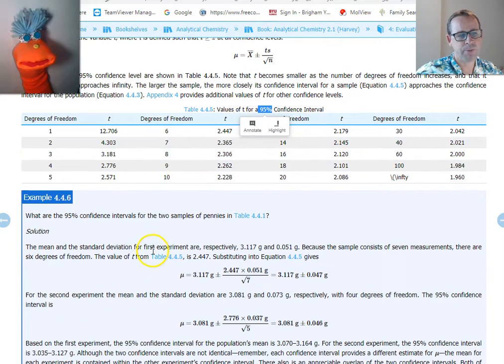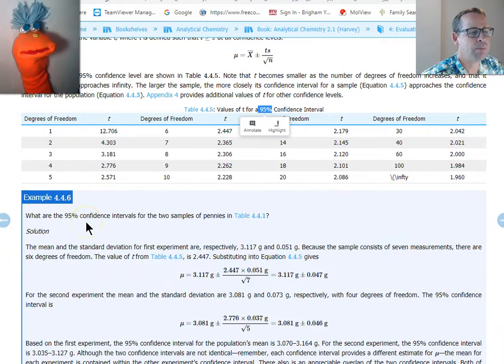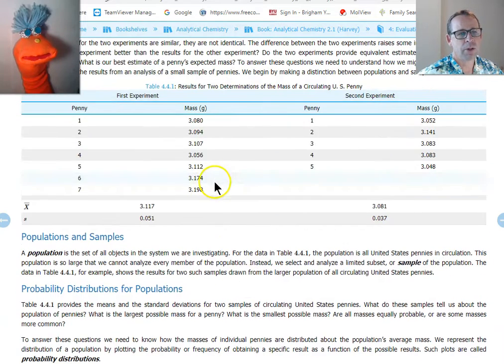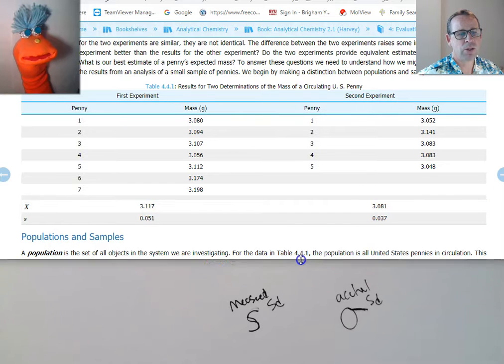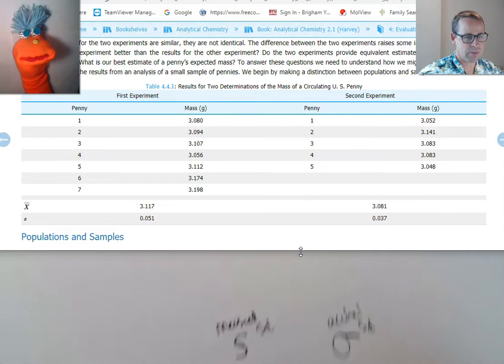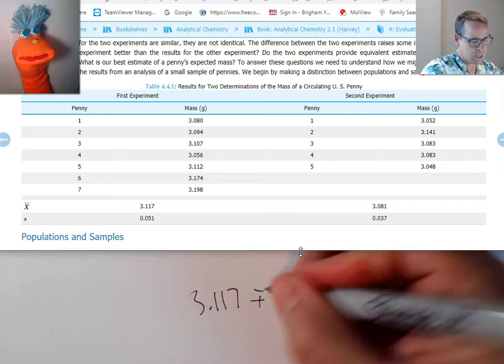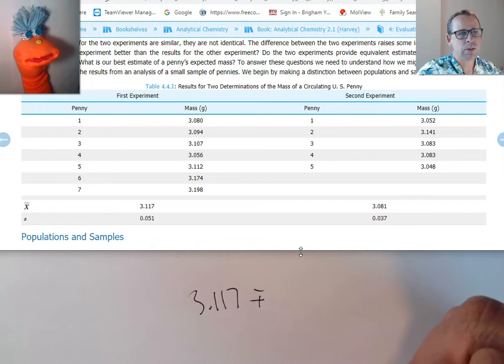All right, very good. So here's an example of a problem. 95% confidence interval for 2 samples of pennies in table 4.41. So here we go. We have an average and a standard deviation, and now we want to use these averages and their standard deviations to express a confidence interval. So it's the average, 3.117 plus or minus. Do you remember what it was?